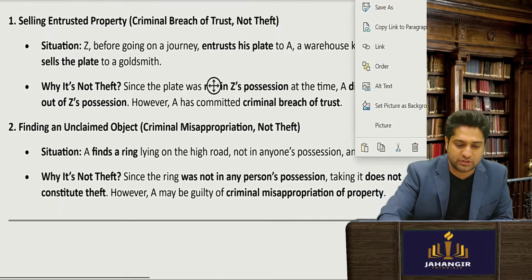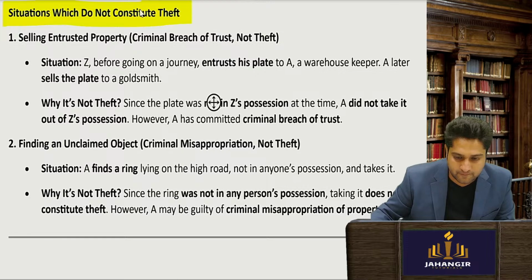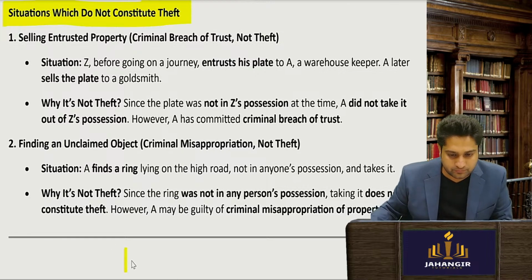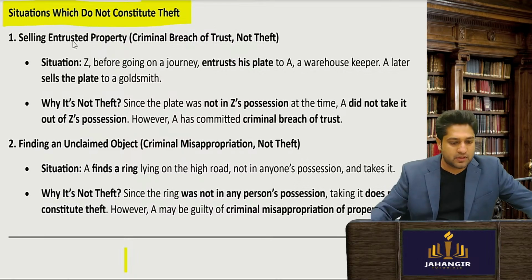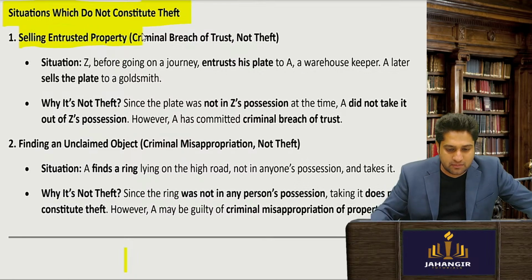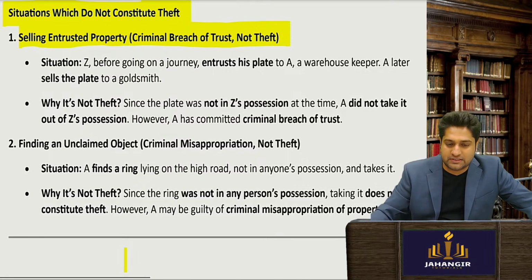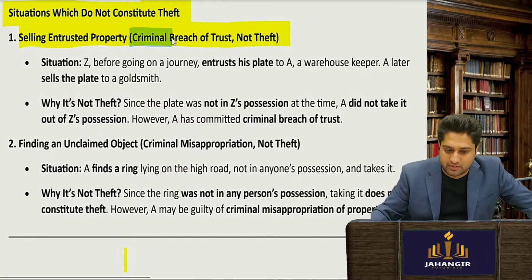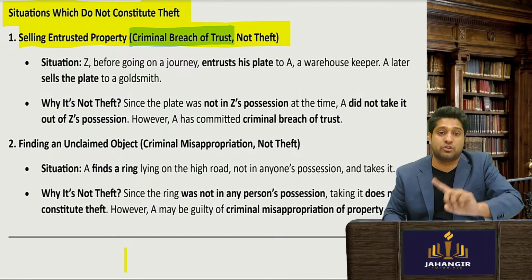Now situations which do not constitute theft. Okay. Let's see. What does not constitute theft? Selling entrusted property. Now there is an offense that we will see which is called criminal breach of trust. So there is a separate offense called criminal breach of trust.